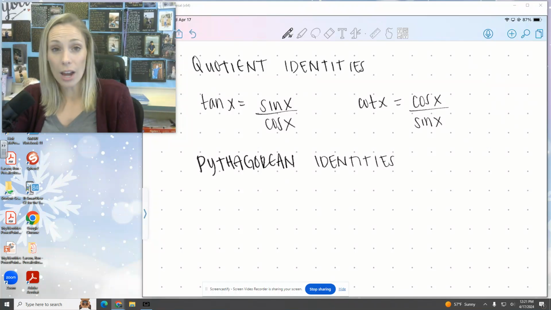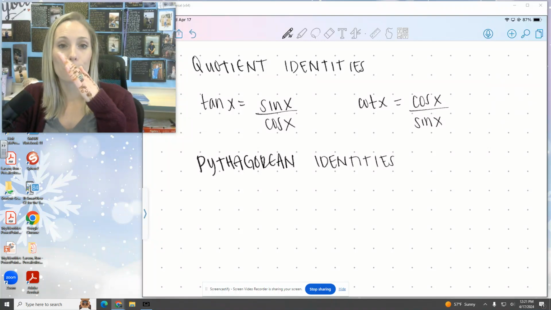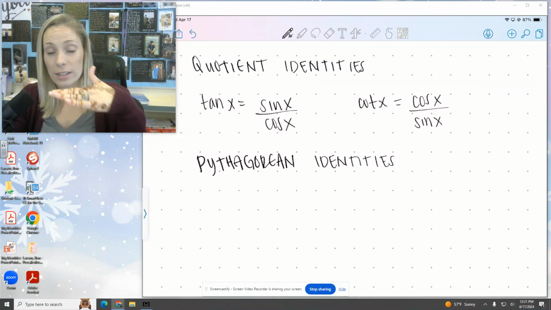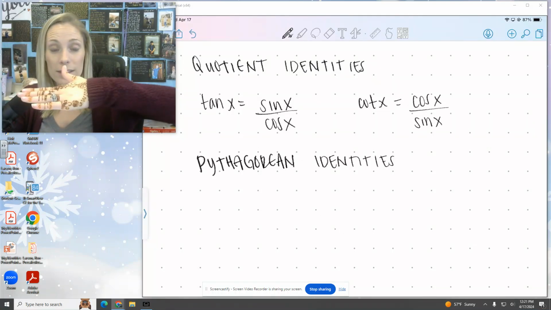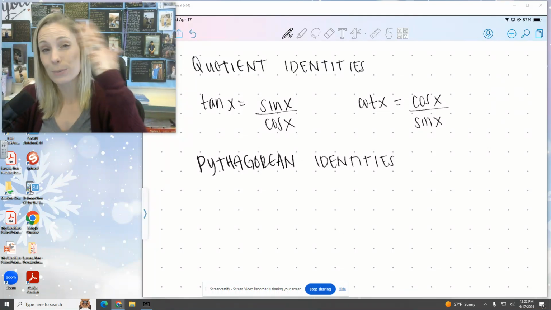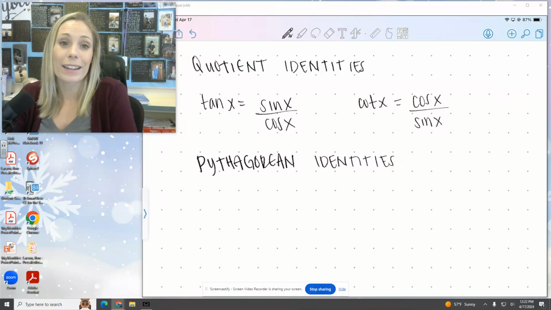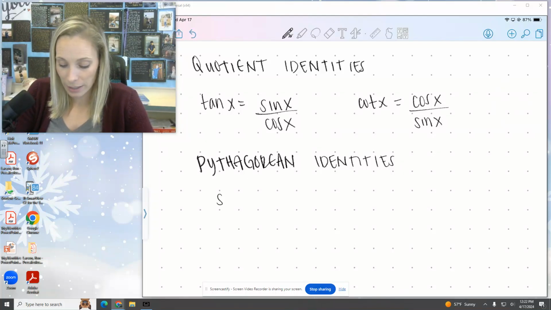We talked a lot about that in class, where the opposite side is sine, the adjacent side is cosine, and then the radius of the unit circle is always 1. So if you've got the opposite side, which is sine, the adjacent side, which is cosine, and the radius, which is 1, then sine squared plus cosine squared equals 1. And that is our first Pythagorean identity.